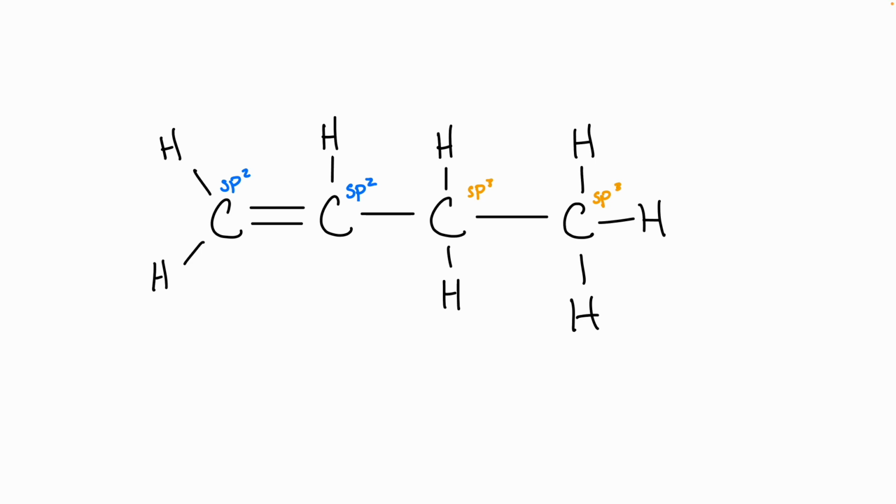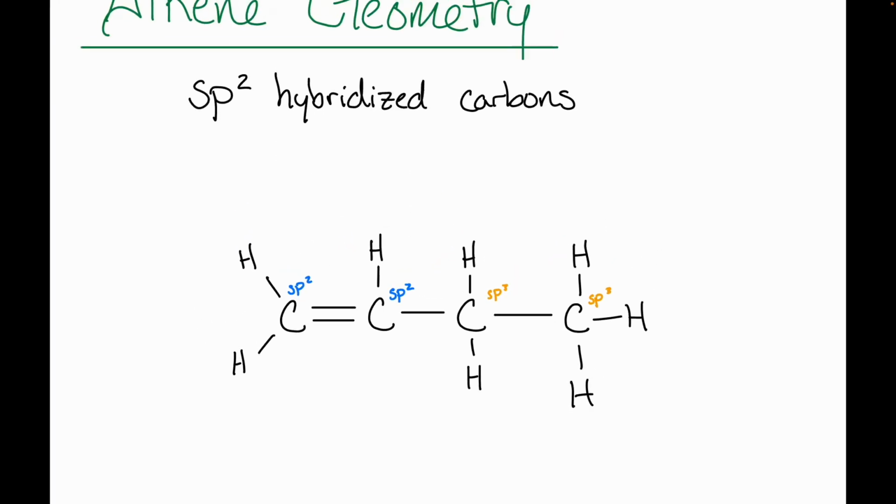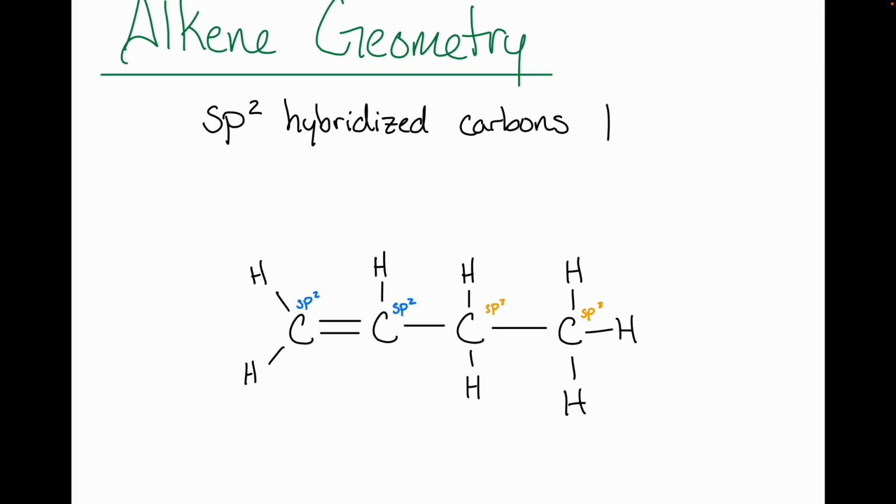All right, so again, specifically talking about these sp2 hybridized carbons, they have what's called a trigonal planar geometry. Okay, so trigonal planar, if we pick that word apart, trigonal, it's because there's 3 atoms that form a little triangle.